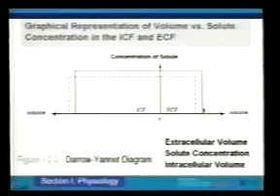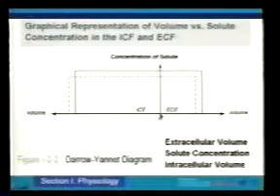Now, if the volume of this compartment increases, this line would shift to the right, and you would have an increased volume in the extracellular compartment. On the other hand, if the volume decreases in the extracellular compartment, the line would shift to the left, closer to the origin. Therefore, this dashed line shows a volume in the extracellular compartment less than the original state.